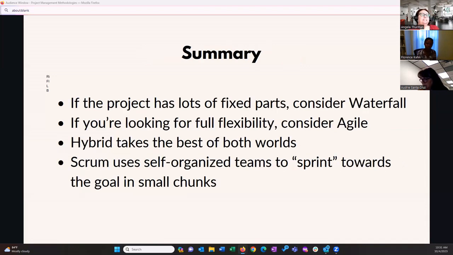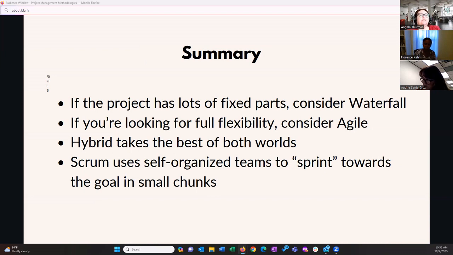Okay, so in summary, if your project has a lot of fixed parts, then you might want to consider waterfall. But if you're looking for full flexibility, consider agile. Now, hybrid takes the best of both worlds and uses the initial planning phase of waterfall and then moves to agile to take advantage of its flexibility.